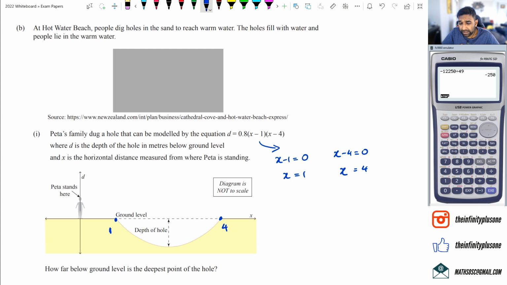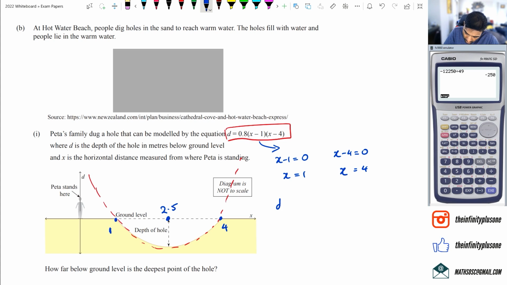So if you want to find the depth of the hole, imagine it like this. Right now, this parabola is looking like this. So what we want to know is the depth at what is the x value at this point. The x value is halfway between 1 and 4. So we add it up. 1 plus 4 is 5, divided by 2, is 2.5.